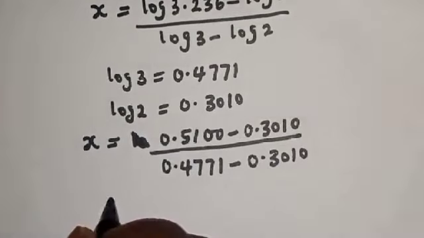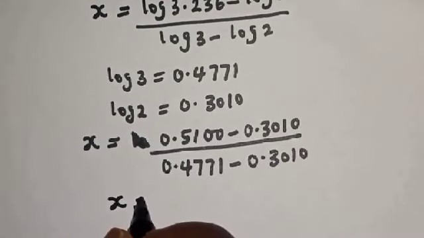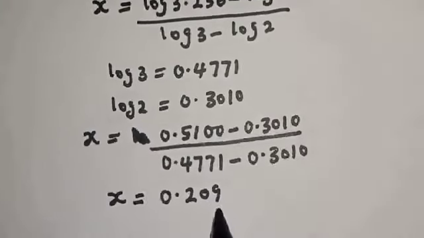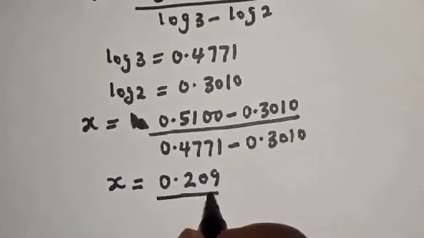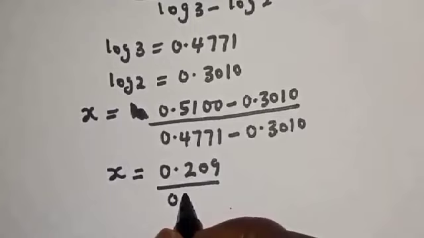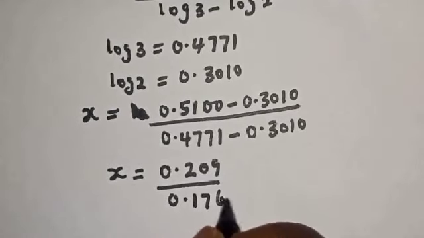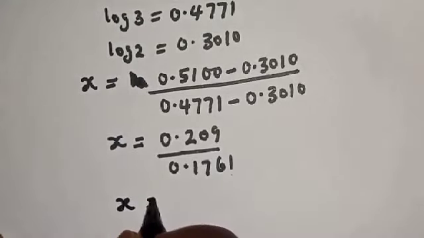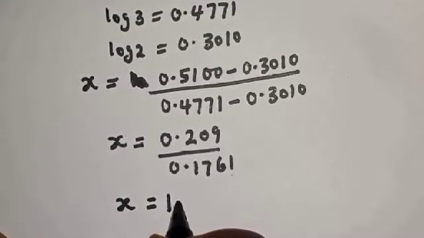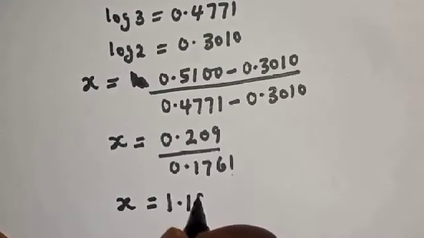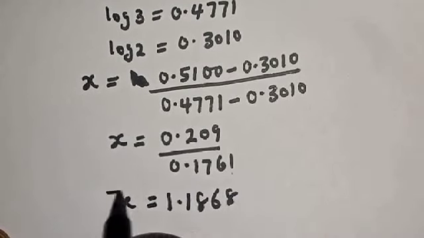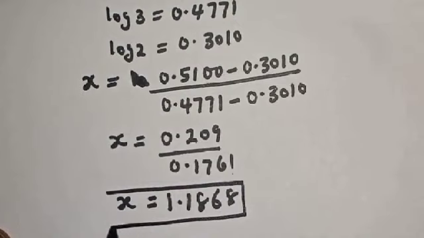Then x is equal to 0.209 divided by 0.1761. Then x is equal to 1.1868, and this is the final answer.